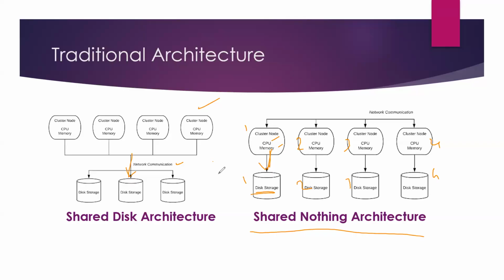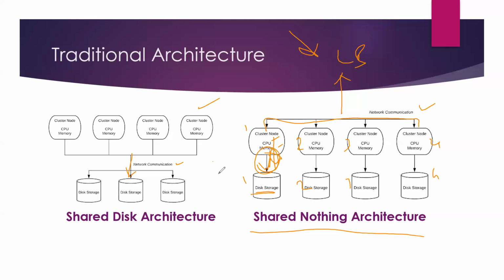Again there is a load balancer. If a request comes to process the data, that request will be sent to any one of these cluster nodes. That node will be connected to its disk to process the data. That's why the disk is not shared across the nodes, and it's a shared nothing architecture. All these nodes are connected with some network communication.